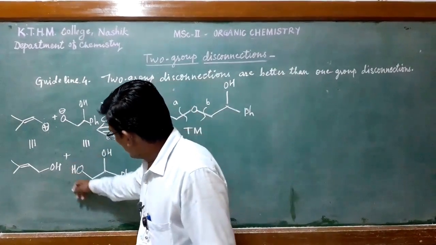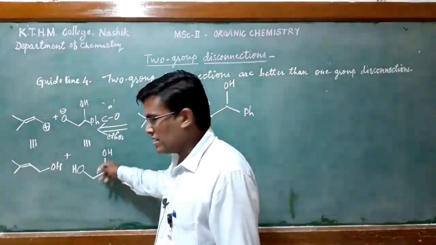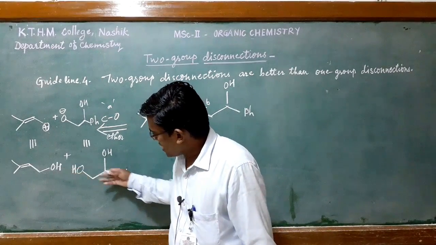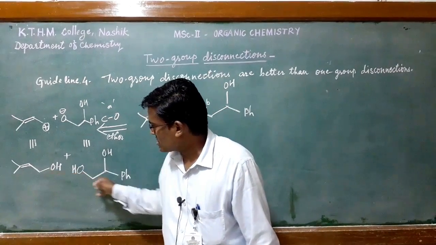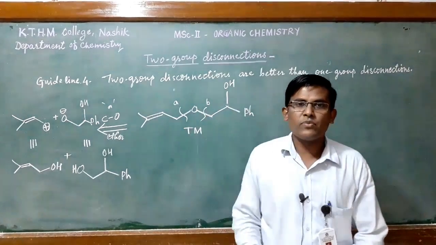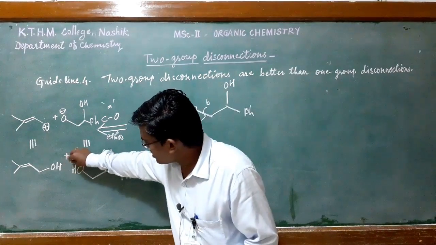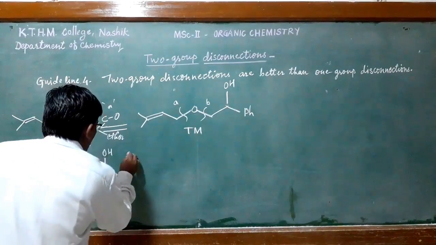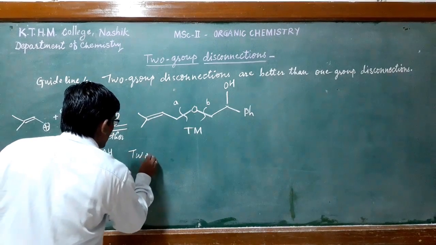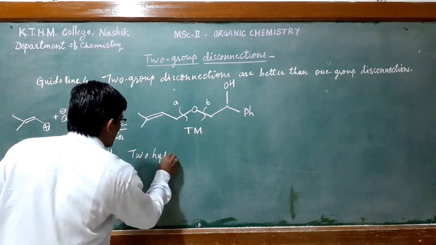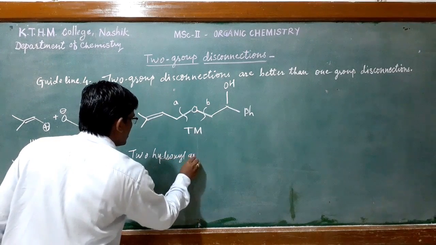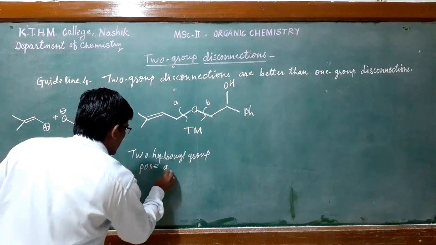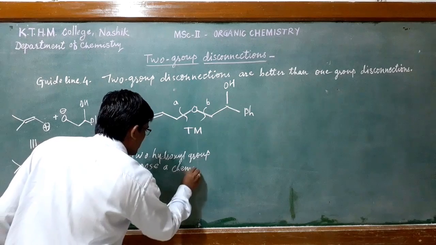When you look at this starting material, it has two hydroxyl groups, and when you combine these two reactants, these two hydroxyl groups will cause a chemoselectivity problem.